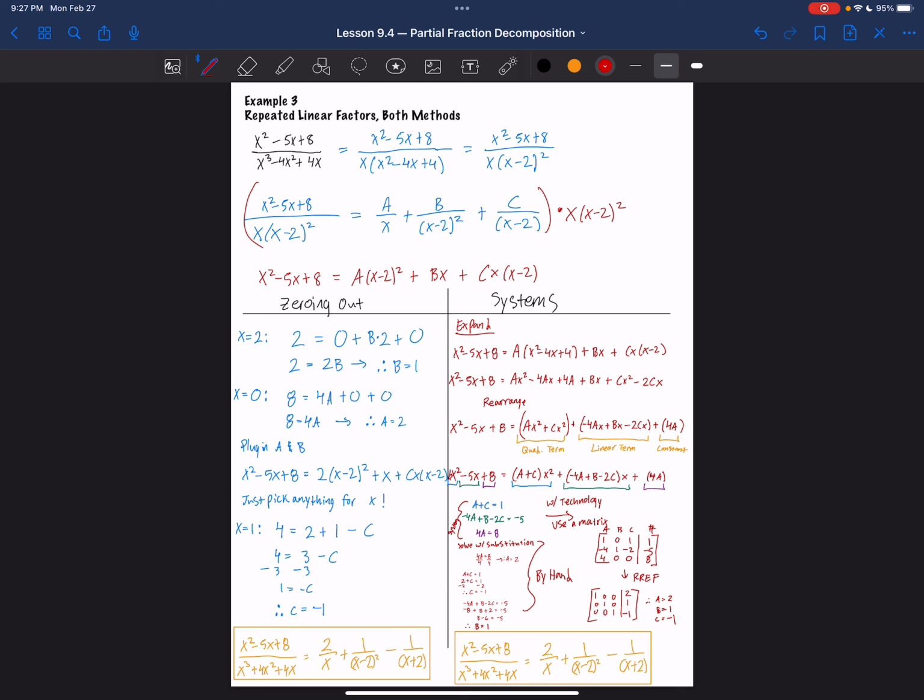Again, you can use either the zeroing out method or the systems method. I don't care. I do recommend practicing systems. I think it'll really build your algebraic understanding of how to manipulate stuff, and will be beneficial to your long-term learning. But zeroing out is quick and efficient as well.